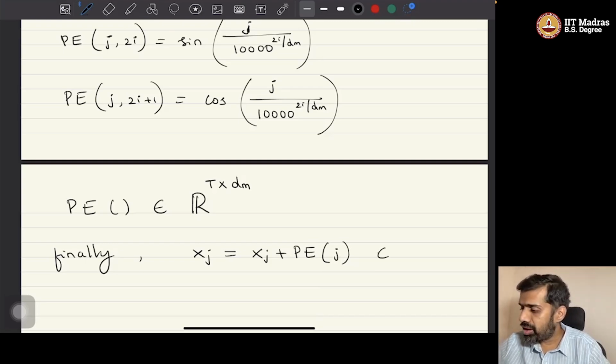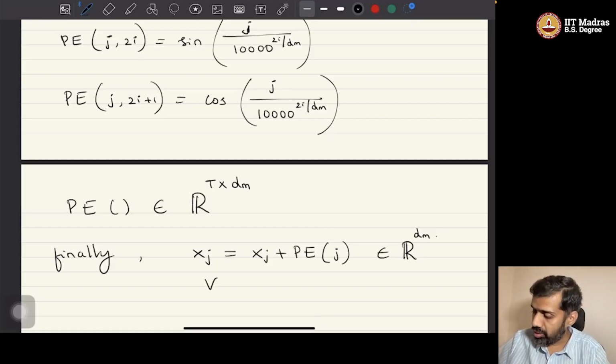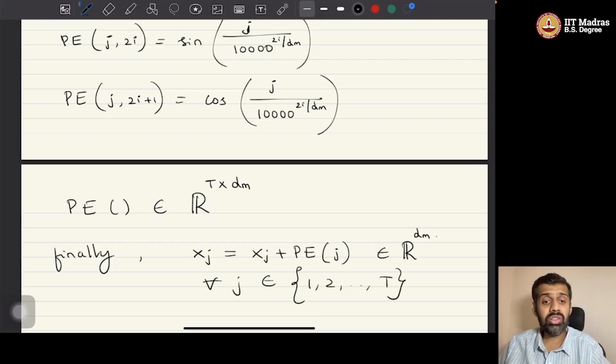Both of these are now in R dm, the dm dimension. Now you do it for all j in this particular set, 1, 2, up to capital T, the number of tokens. This will ensure that the input to the transformer also has the information about the time.